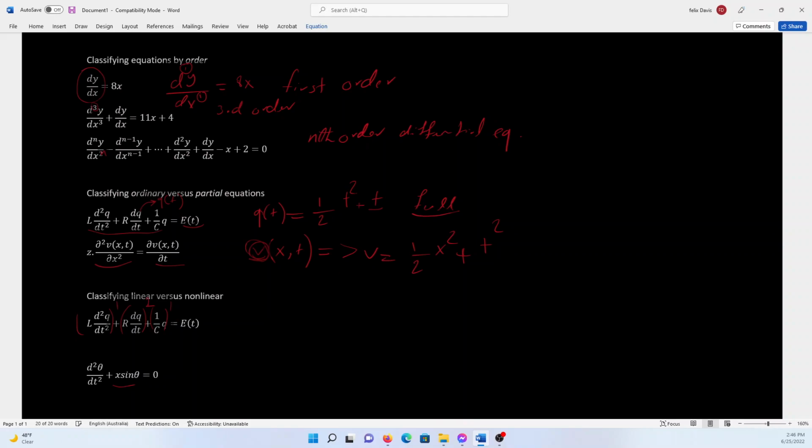And here, since we have sine, our equation is not going to be linear. So this one is non-linear. This one, if it's the power of 1, is linear, and this is ordinary, and this is a partial differential equation.